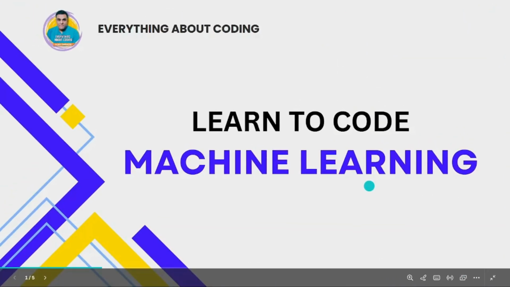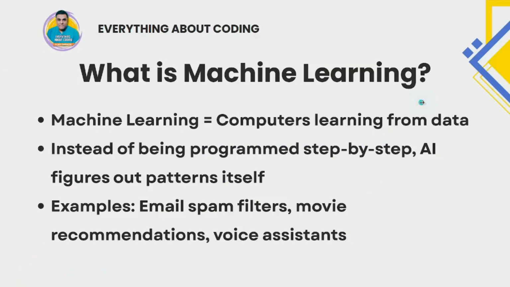So let us understand what exactly is machine learning. Machine learning is basically where we give data to the computer and the computer learns from the data. So computers learning from data is what machine learning is all about. There won't be a specific, step-by-step programming, but rather we are going to have AI that figures out the patterns itself.